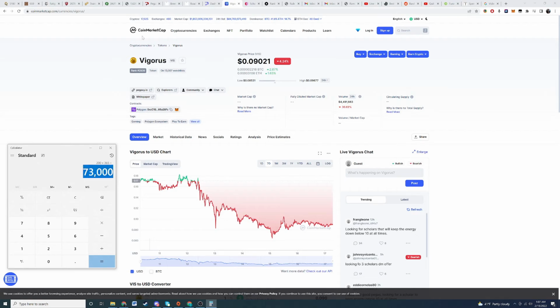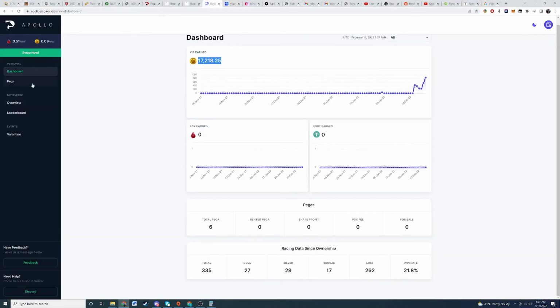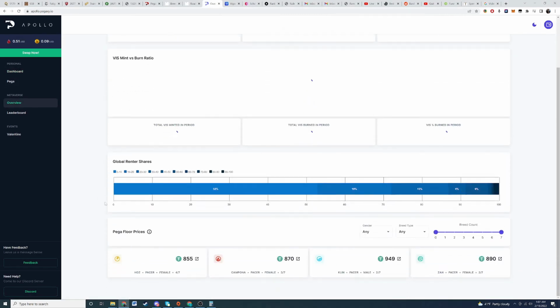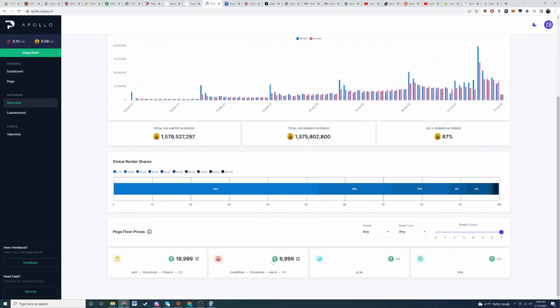And that's not counting the value of the underlying assets, because as you remember from Apollo, the Pegas themselves have worth even after you've bred them up plenty of times, even the ones that can't be bred any further. The reason the prices are high on these is because of an esoteric feature that is not yet released into the game.